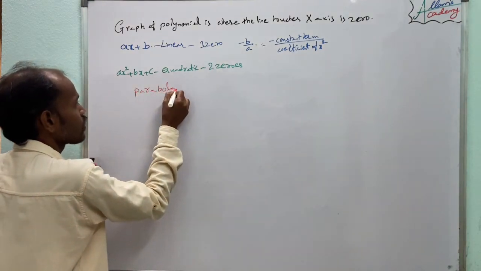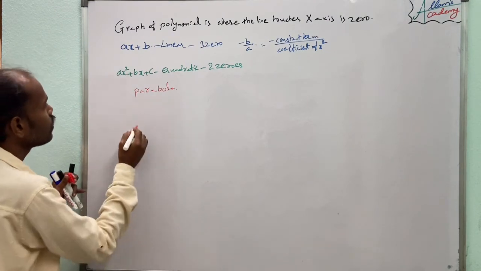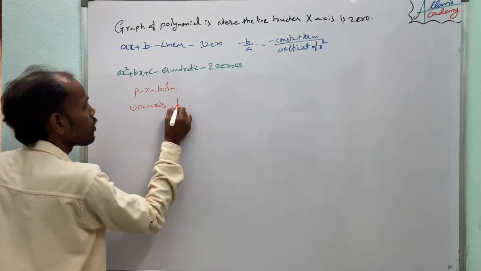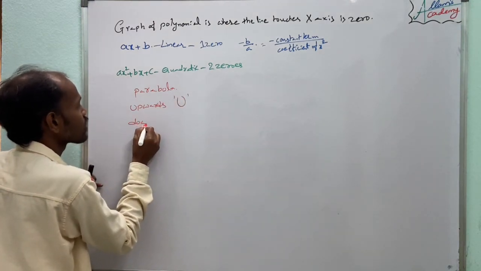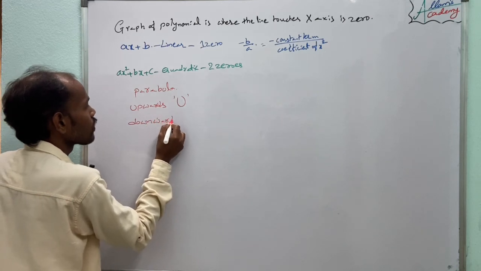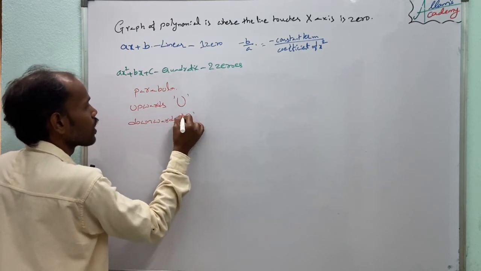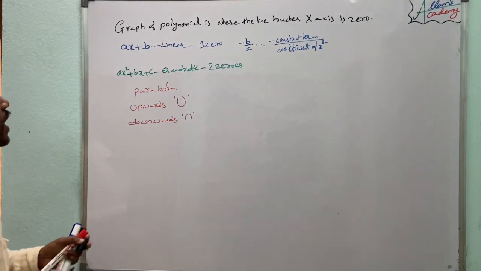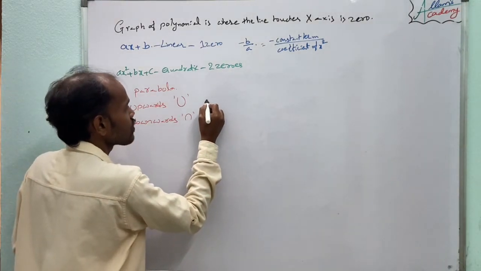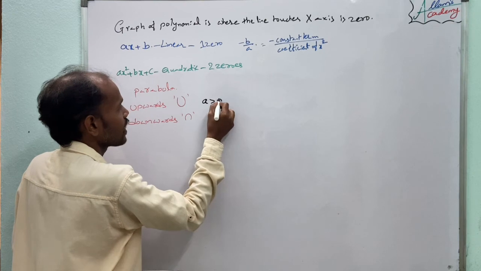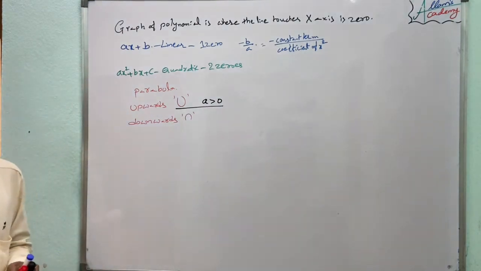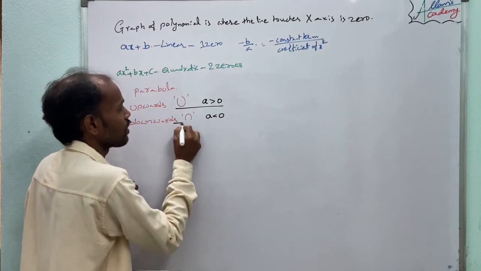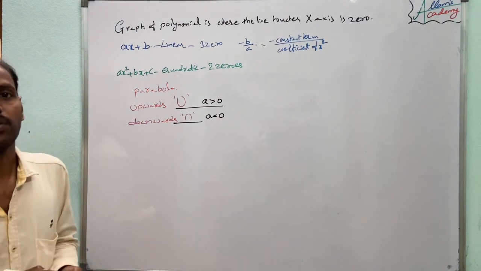The parabola is of two types: one is an upward parabola and the other a downward parabola. When the coefficient of x square, that is a, is greater than 0, then we get an upward parabola. If the coefficient of x square, a, is less than 0, then we get a downward parabola.